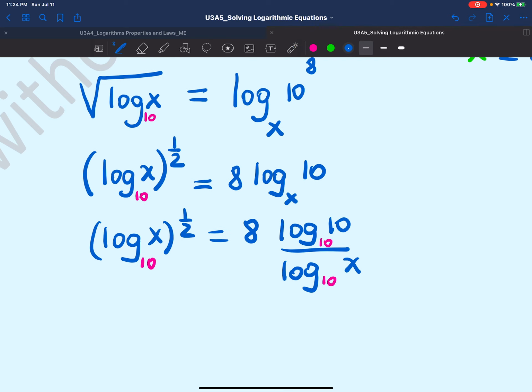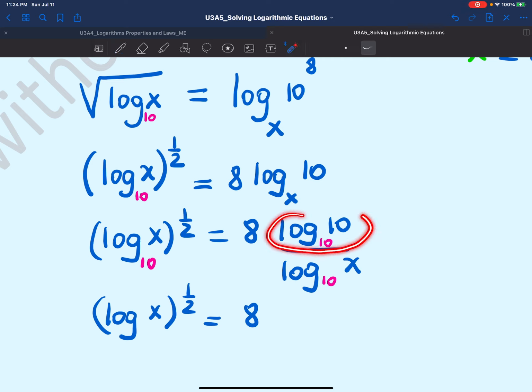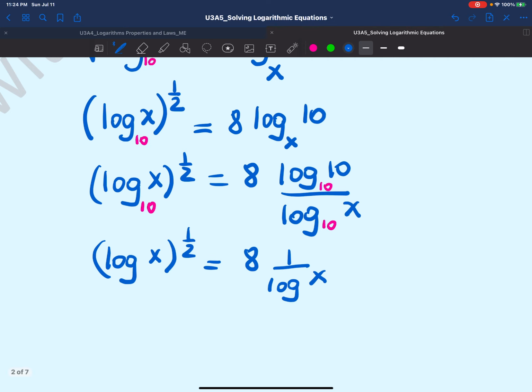So we have log with base 10 of x to the power of 1 over 2 equals 8. Remember that log with base 10 of 10 is 1. Ask the calculator if you don't believe me. And here we go. We have log with base 10 of x to the power of 1 over 2 divided by 1 equals 8 times 1 over log x.